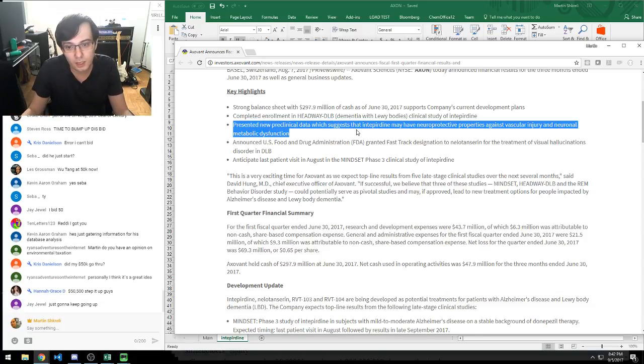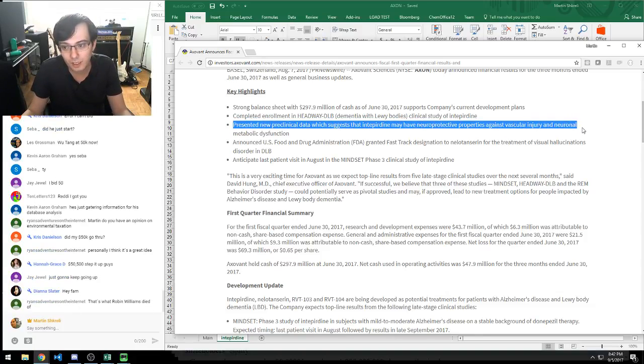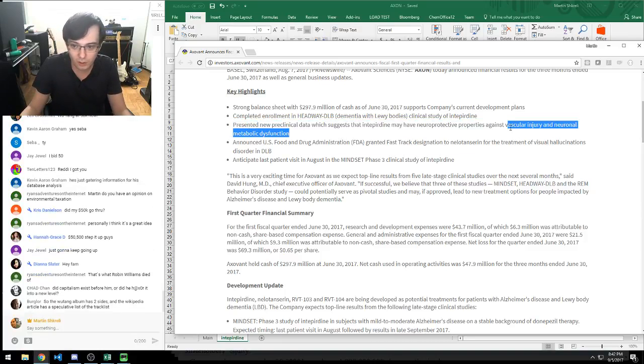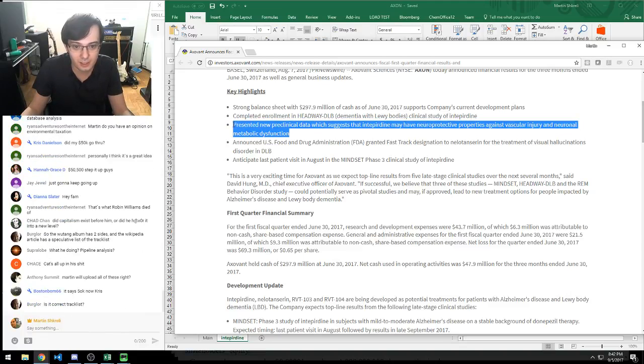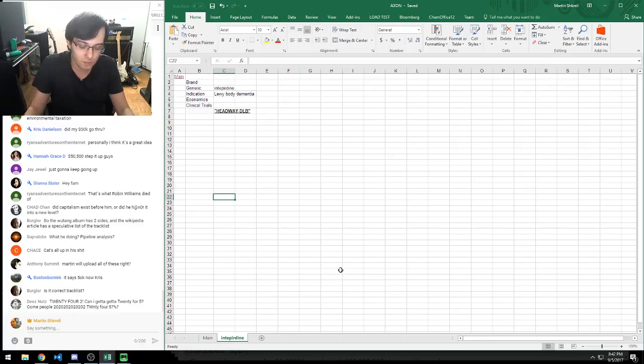Presented new preclinical data which suggests that intepirdine may have neuroprotective properties against vascular injury and neuronal metabolic dysfunction. Okay. Again, my expertise is that this is irrelevant, but I don't mind putting preclinical data.